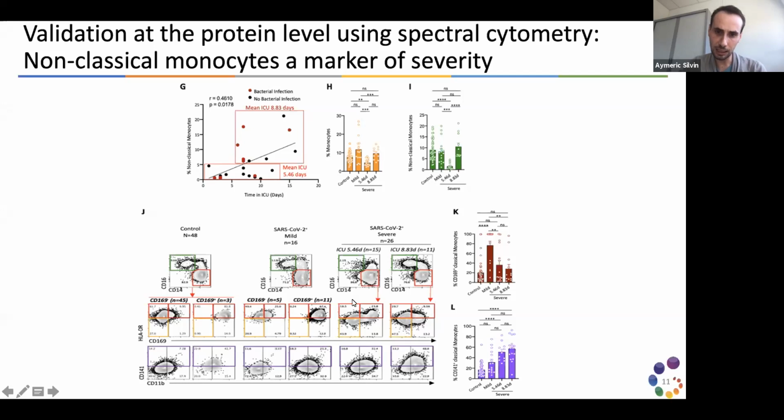And finally, in the severe, some of the patients were overexpressing it, but most of them were not.